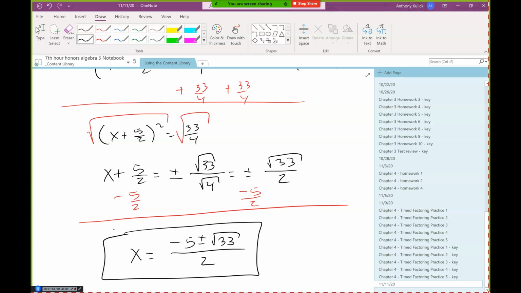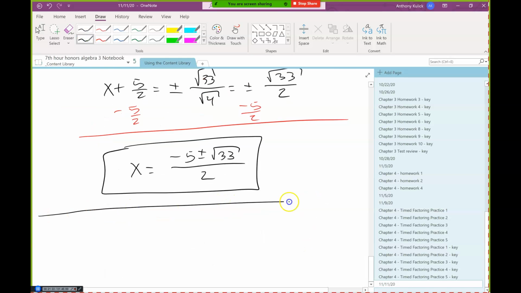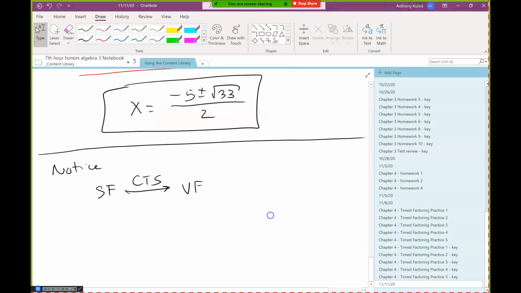And we've just done something really important here. So notice what we did is we went from standard form to vertex form using completing the square. We can always do this. Always possible to do that.